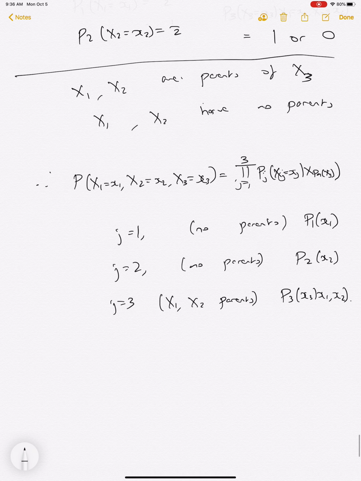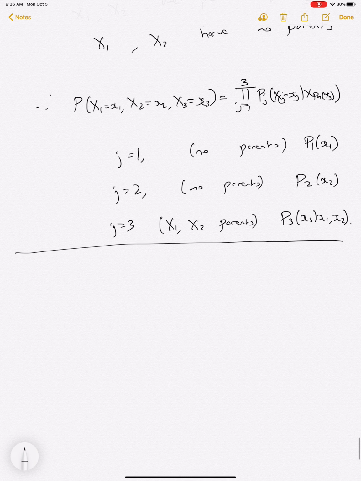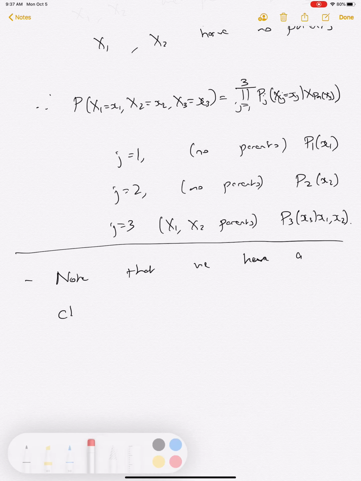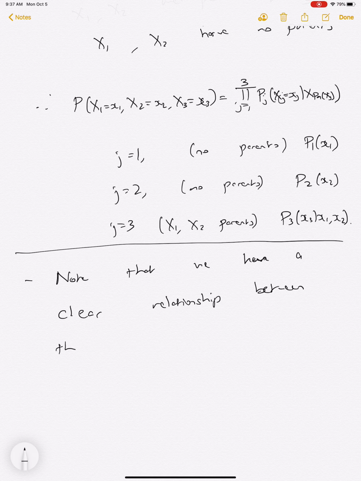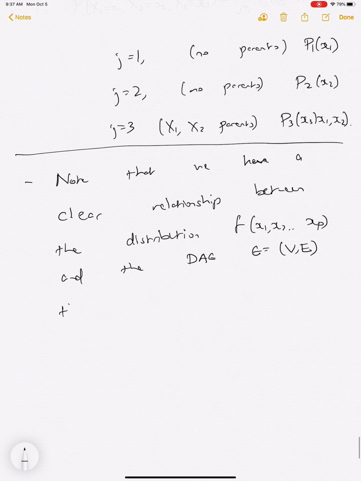Okay, and so we'll note here that we have a clear relationship between the distribution f(x1, x2, up to xp) and the DAG G = (V, E) through this factorization, because we have that f(x1, x2, up to xp) is equal to the product from j equals 1 to p.